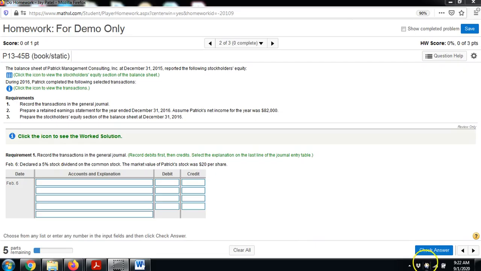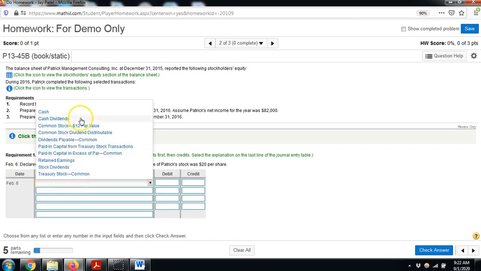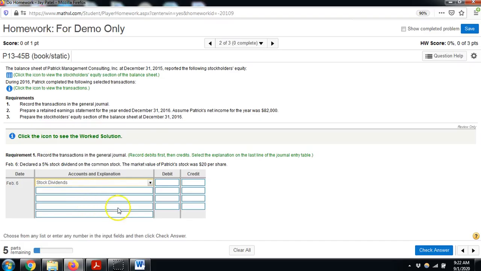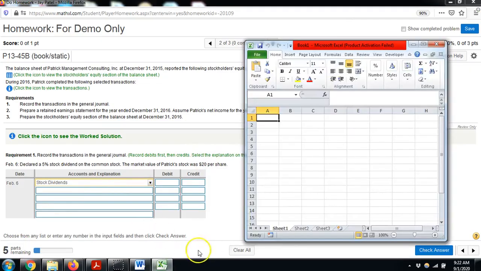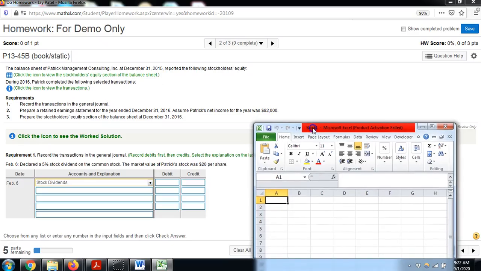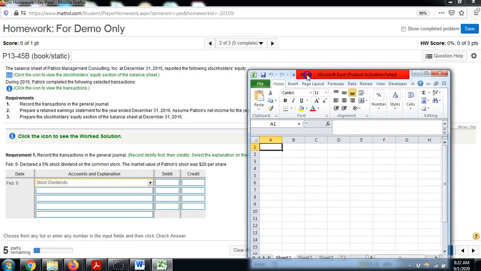So the first thing we're going to do is have our stock dividend here, and the amount is going to be based on this $20 per share. So let's think about how many shares are going to be involved. So it's a 5% stock dividend. So we need to know how many shares are outstanding.